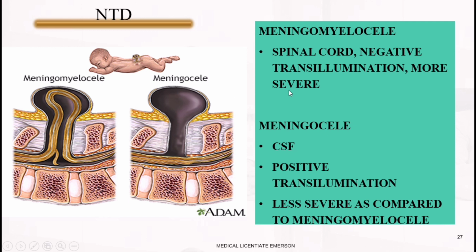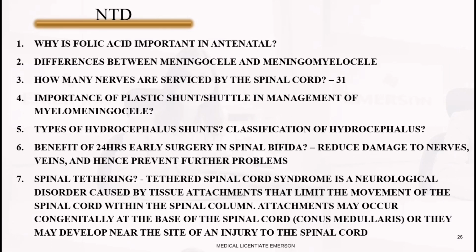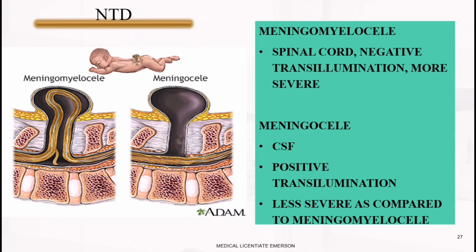So in meningomyelocele, the spinal cord is present, there is negative transillumination and it is more severe. Then in meningocele you have just CSF, positive transillumination, less severe as compared to meningomyelocele.